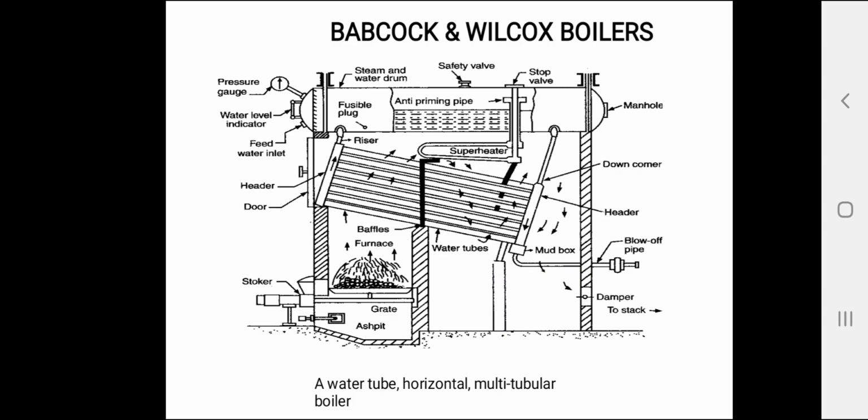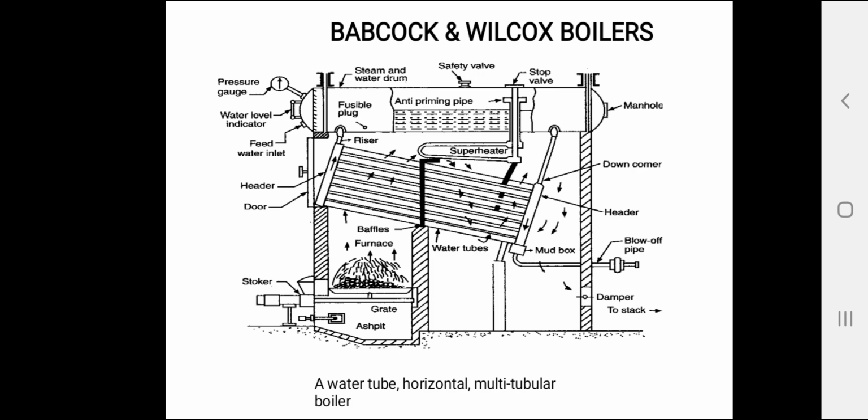The baffle furnace produces heat, and the hot flue gases flow to the top, towards the right, down, and towards up, and then again down, and through the damper to the stack. Stack means chimney.